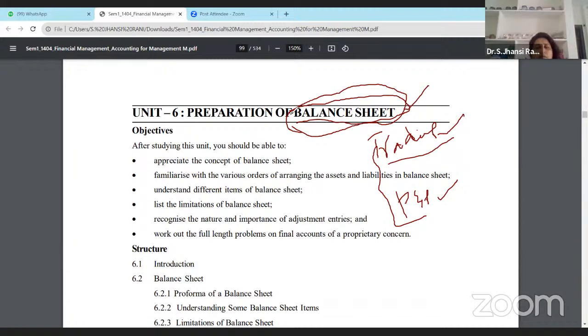Assets mean the things which belong to the business, or the people who are due to the business. Liabilities mean where the business owes to others, where the business is liable to pay others.